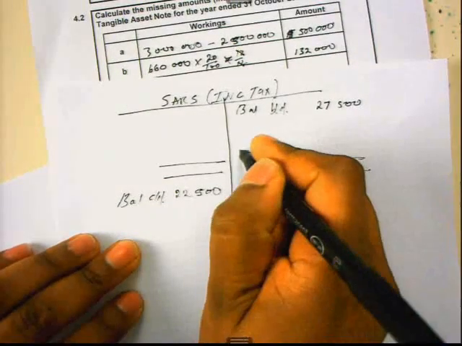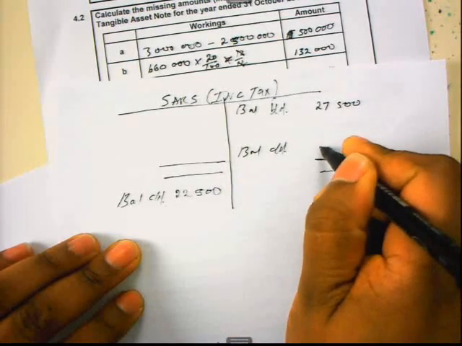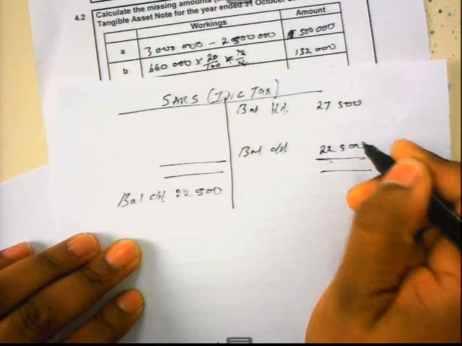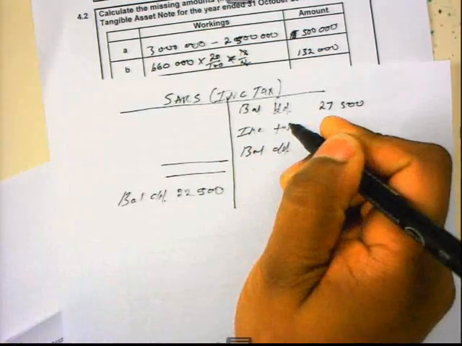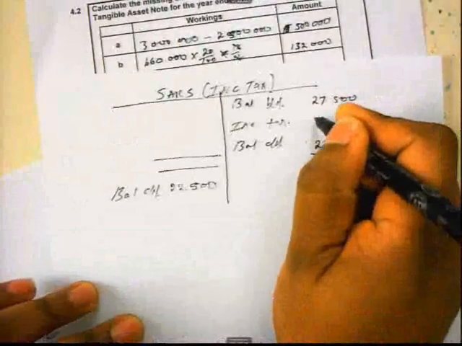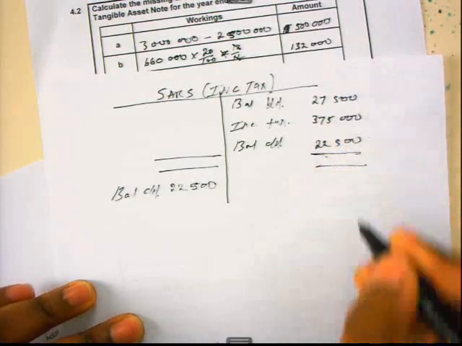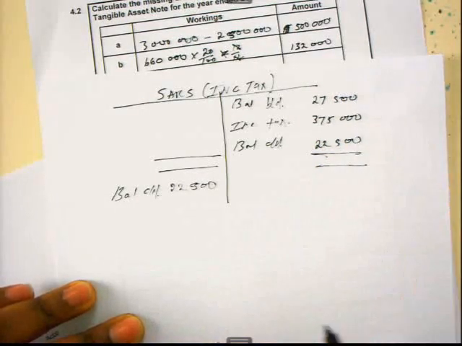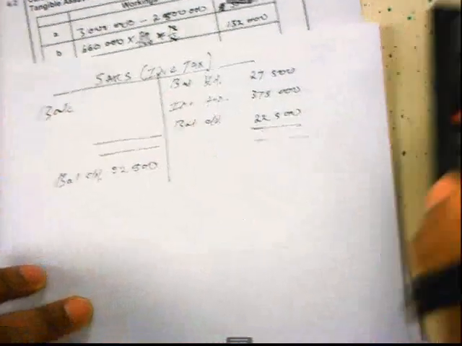Balance brought down goes with balance carried down. I'm sorry about this. Balance carried down, 22,500. And then our income tax, we are told it is 375,000. Therefore, as you can see, in this particular case, all the entries are on the credit side, and then we'll have only bank on the debit side.